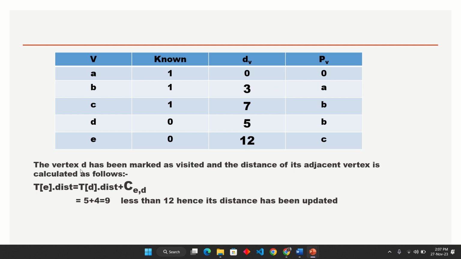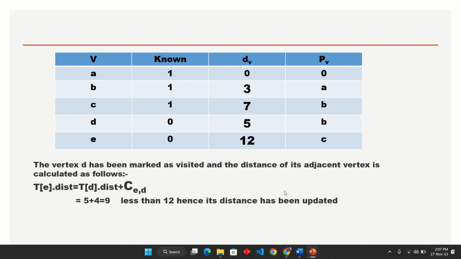Okay, next, the vertex D has been marked as visited, and the distance of its adjacent vertex is calculated as follows. After selecting D as a known vertex, the vertex E distance can be calculated as 9, which is smaller than 12.